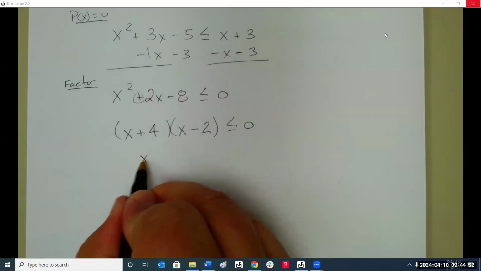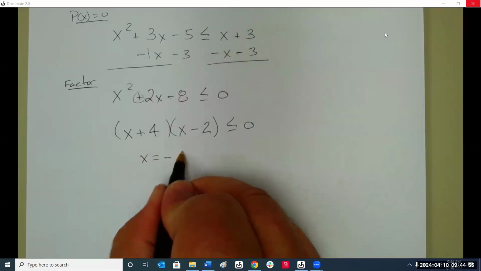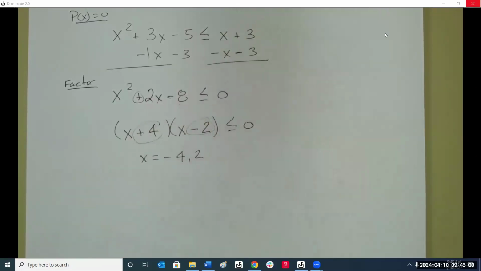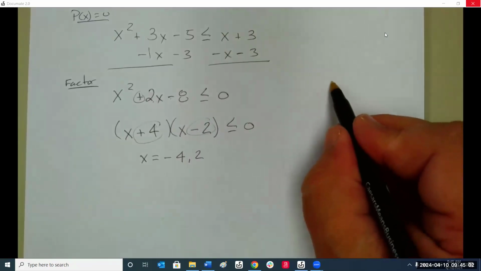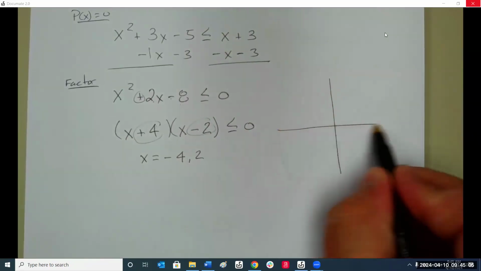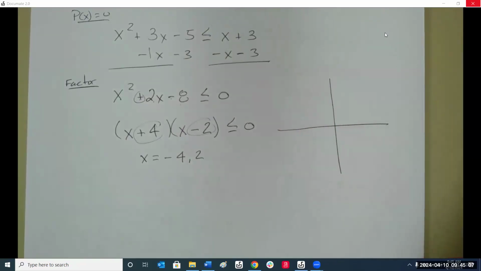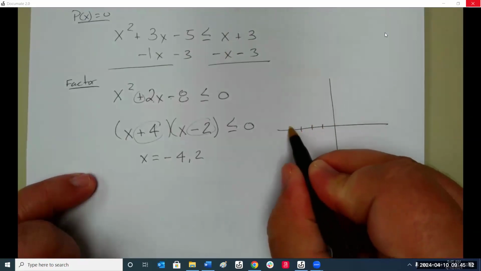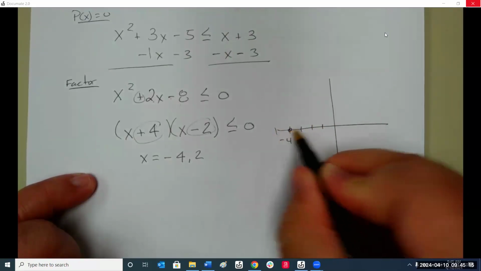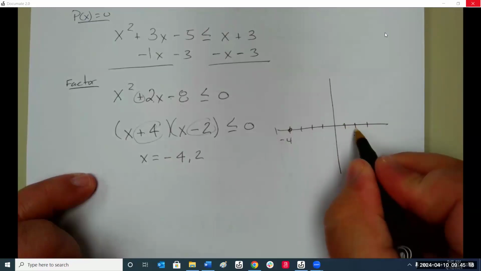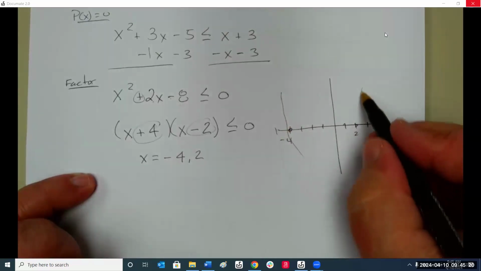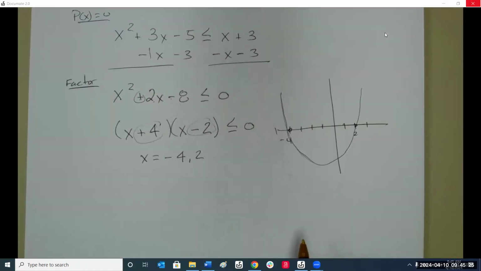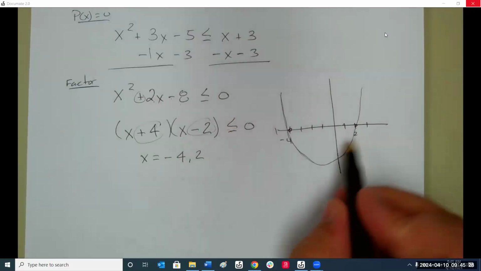So my x-intercepts are at... It's always the opposite of what's inside there. Does it open up or down? It opens up. So at -4 and at 2. So we know it opens up. Do we want above or below the x-axis? Since it's less than, I want what's below.